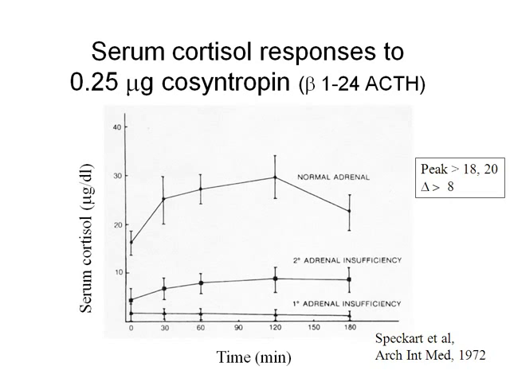And many people have found that the peak levels exceed either 18 or 20, or there's an increase of 8 micrograms percent from the baseline to the peak. So you have to get the baseline and then 1 hour and 2 hour. You can't get the baseline today and inject it tomorrow morning and then get the value 2 hours later. It's a mess. You want to do it in an organized and structured way.